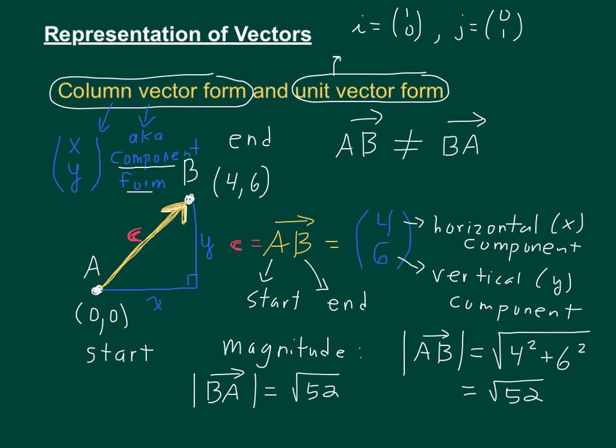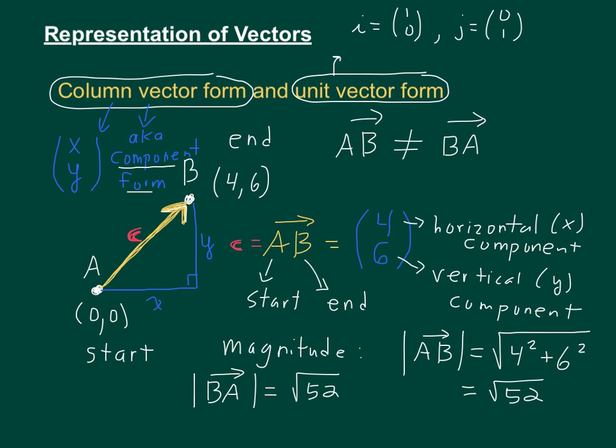All right, and so the other way that we can express vectors is called unit vector form. And there's a couple basic definitions here that you have to keep straight. We introduce a couple lowercase letters. We have an i and a j. So the i, by the way, has nothing to do with the imaginary i symbol. Okay. Vector i, which we call a unit vector because it has a length of 1, right? 1 unit.